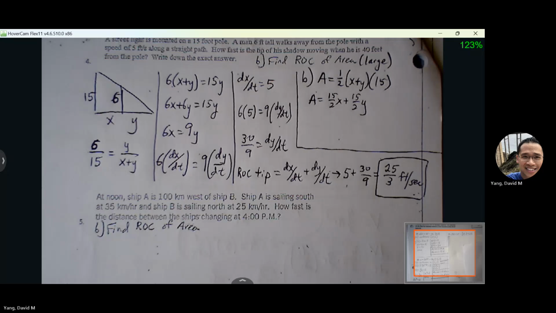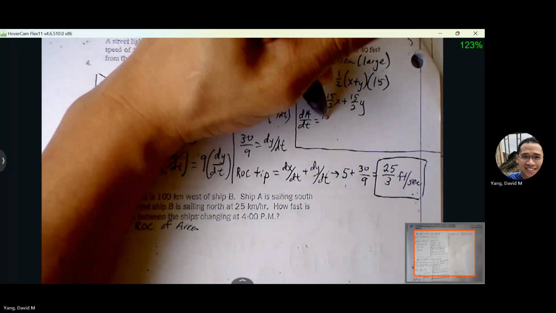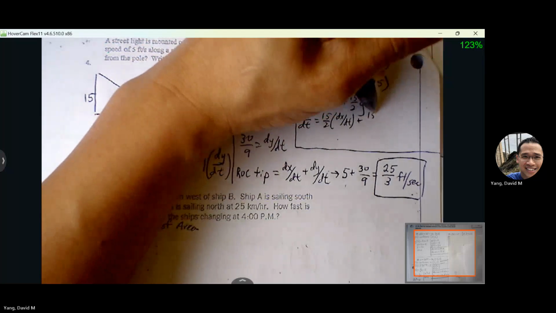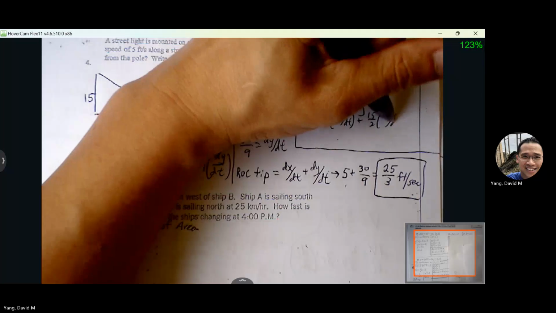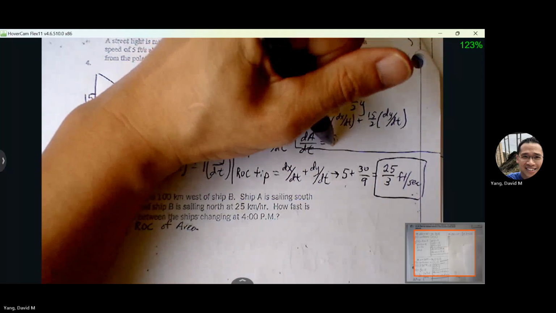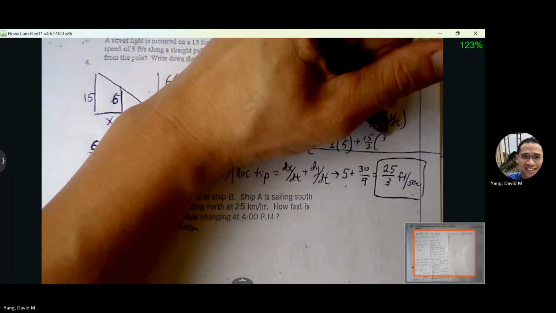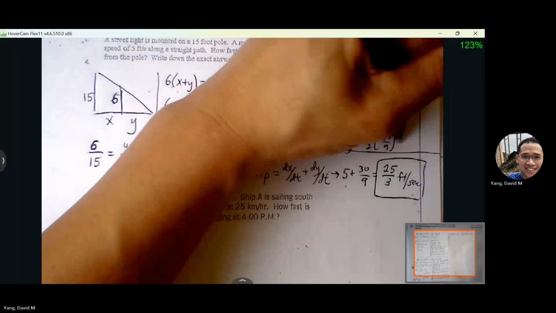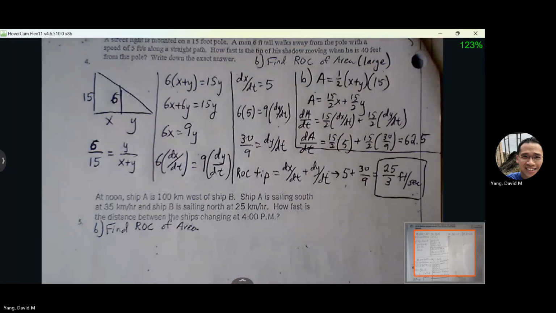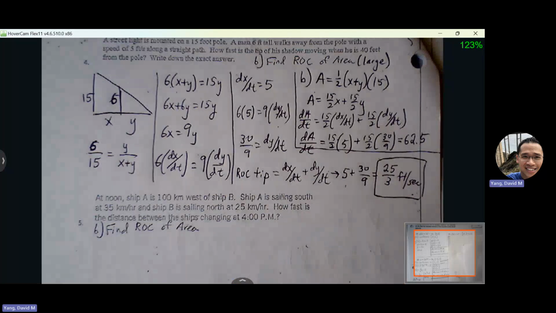So this one doesn't need product rule. Area is square feet, time is seconds, so square feet per second.